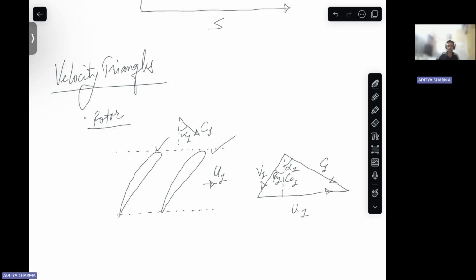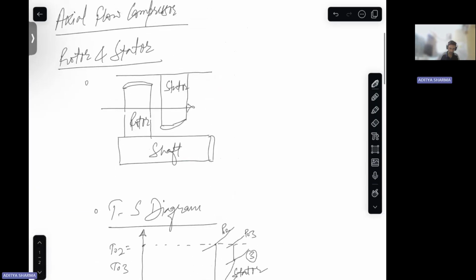So this is the velocity triangle related to your rotor. Okay, this is rotor.